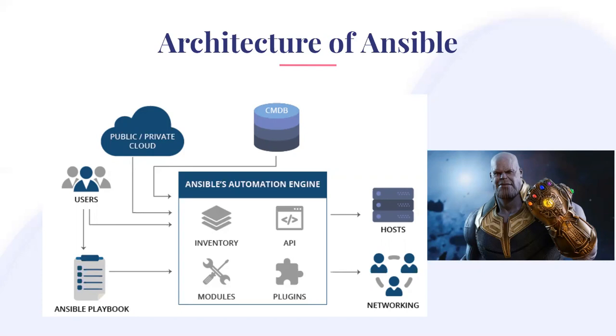Then we have plugins. Just as modules work outside, plugins actually work inside Ansible, specially for control. For example, transforming data, logging the output, maybe connecting to the inventory. Ansible ships a number of handy plugins, all written in Python.